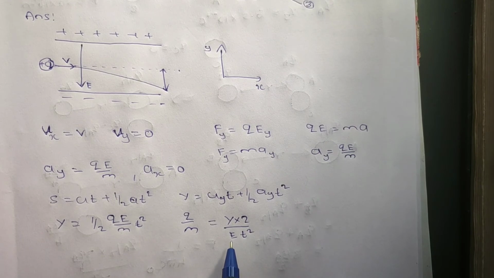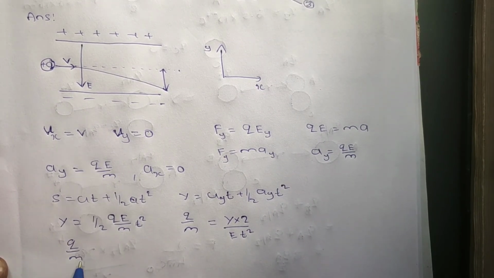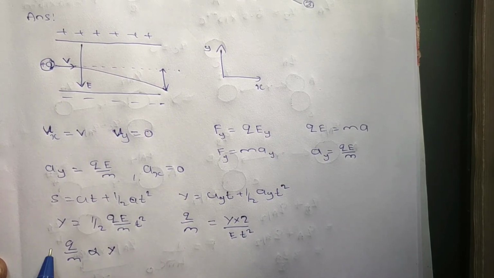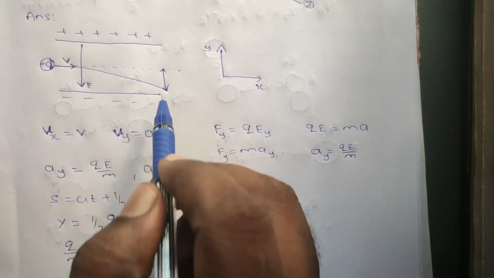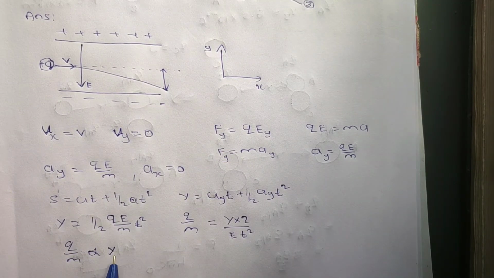Here E is constant, t is constant. So Q by M is directly proportional to Y. That means if the Y deflection is larger, the Q by M is larger.